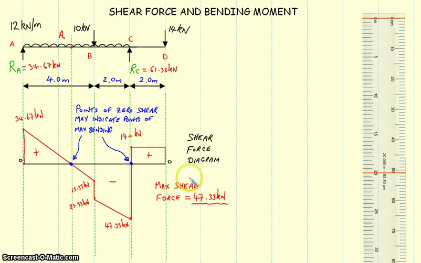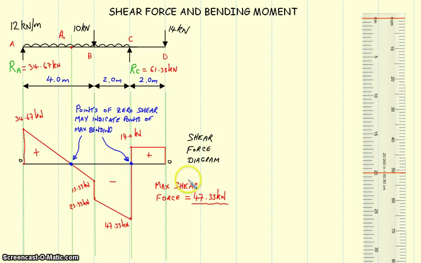So really and truly what I would like you to do at this particular point in time is to jump past video 3 and take a look at the practice exercises that I've put up there for you. Try and take one of those practice exercises, those beam scenarios that I've given you, and calculate the reactions, draw your shear force diagram, find your maximum shear force and see if there are any points of zero shear which may indicate points of maximum bending for you.